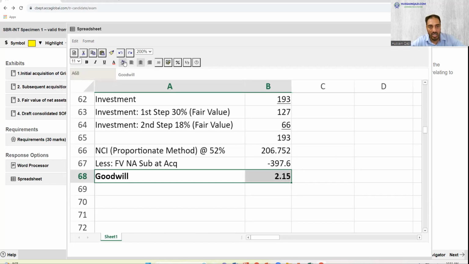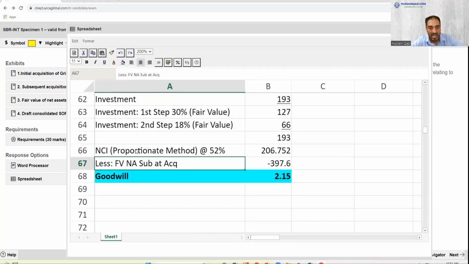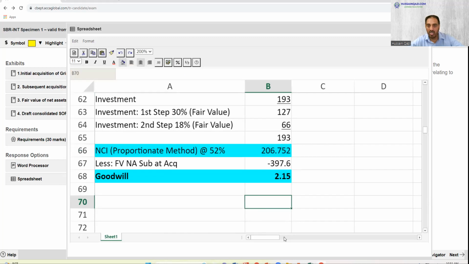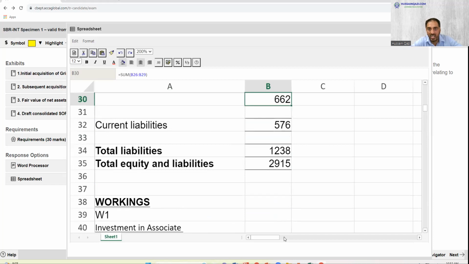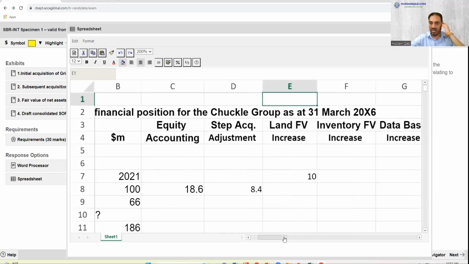The goodwill value is 2.15, and NCI at acquisition and consolidation is 206.75, because both dates are the same. So we have done NCI 206.75 and goodwill 2.15, and we need to adjust accordingly.